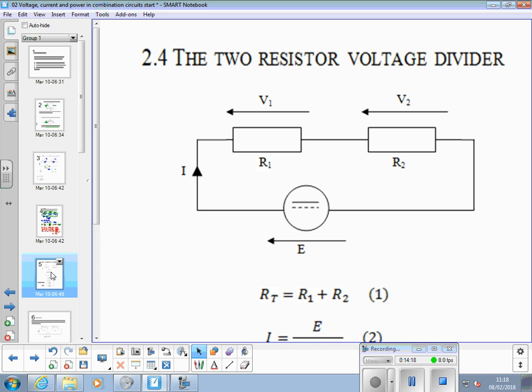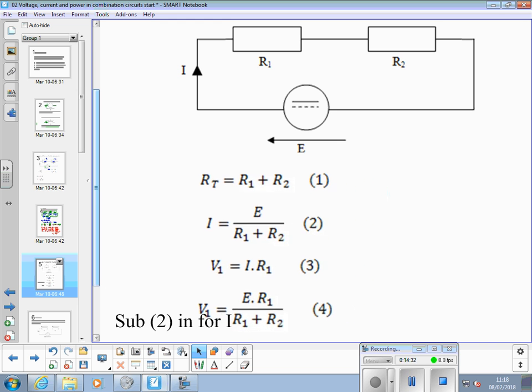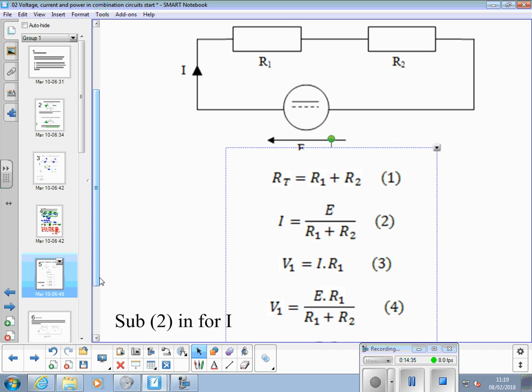You can do some calculation all in one go. 1 times R1.